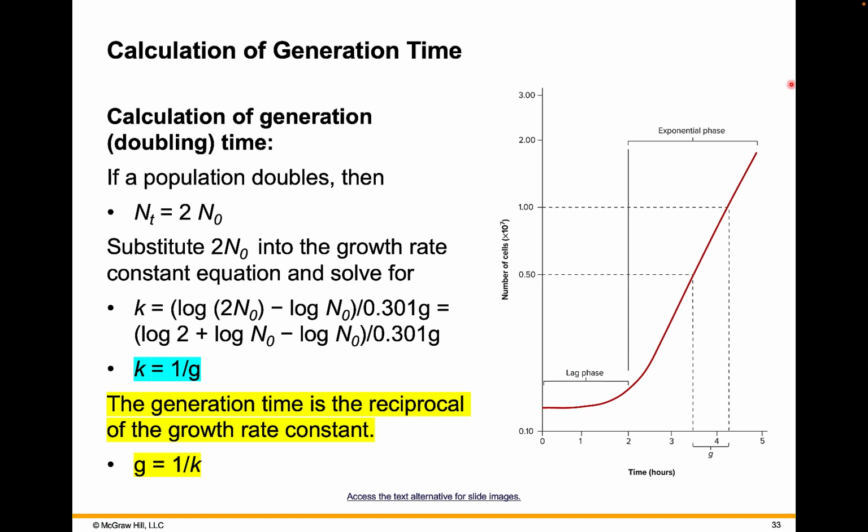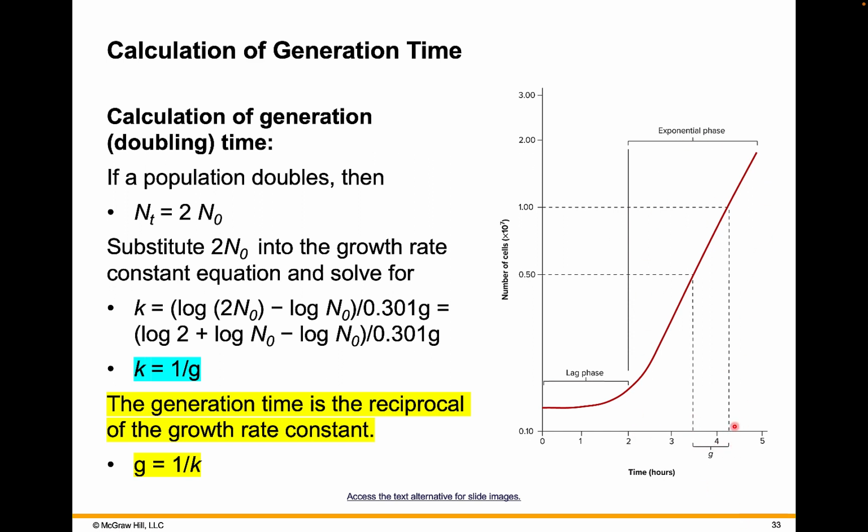So here, this is the time, and this is the number of cells. Here you are looking at the lag phase, whereas this is the exponential phase, and when we are doing the mathematics, we are considering just this portion.